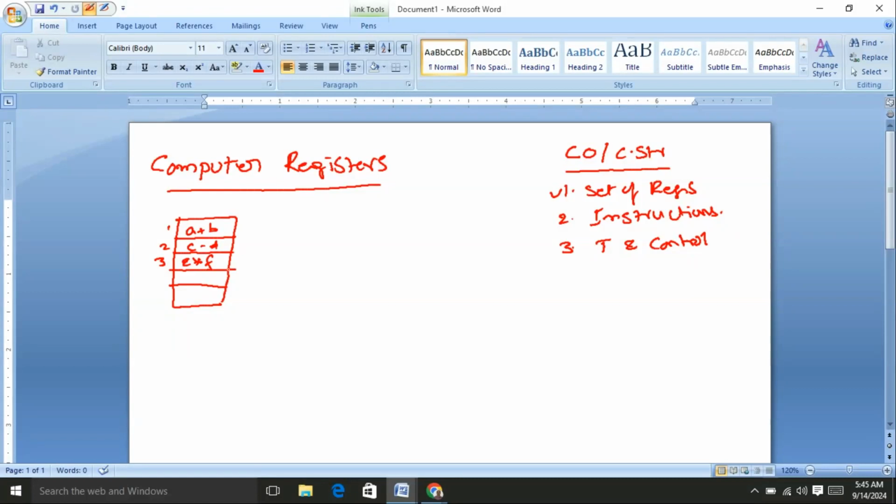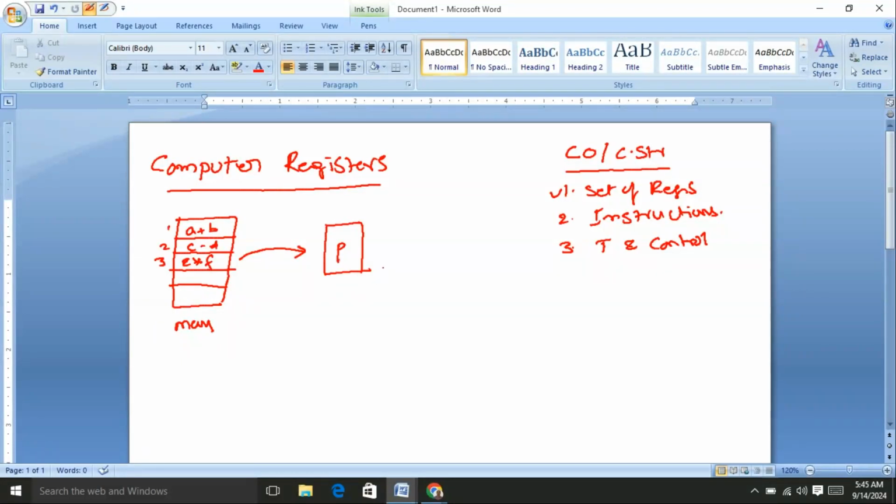These instructions are fetched from the memory to the processor for processing. So we have the doubt: where are these instructions stored within the processor?